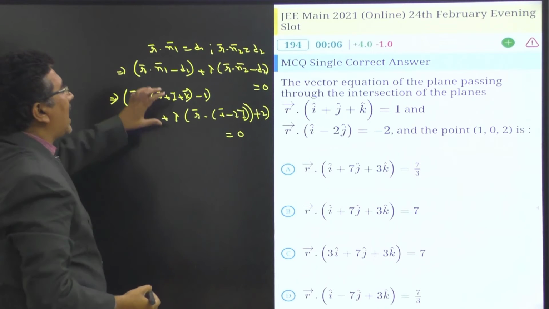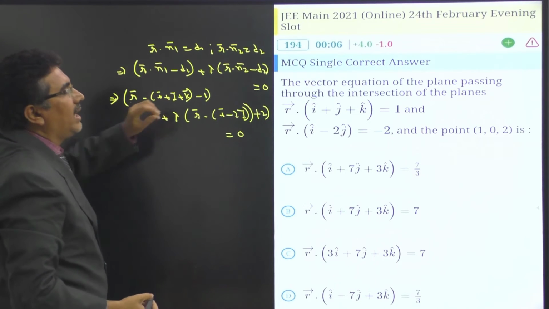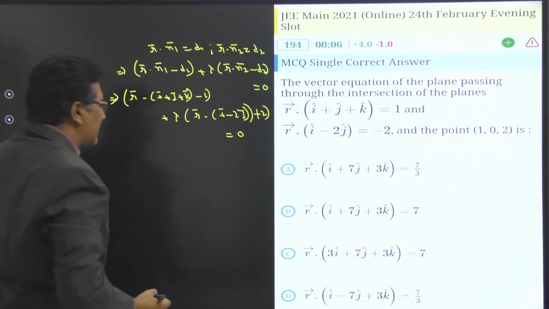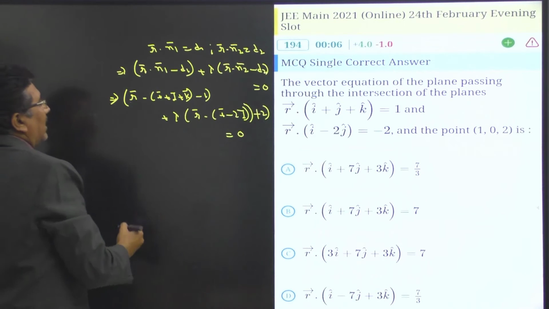Here R bar is a variable point on the plane.